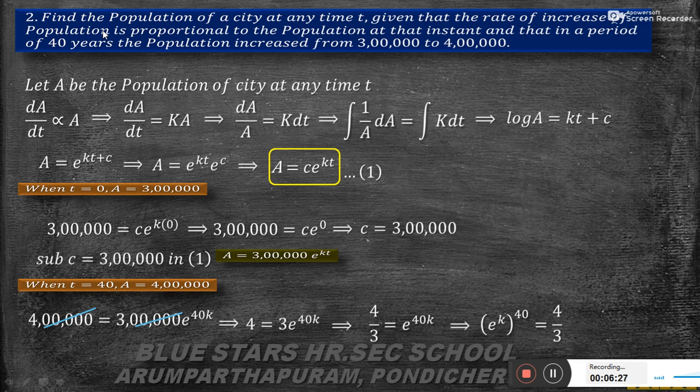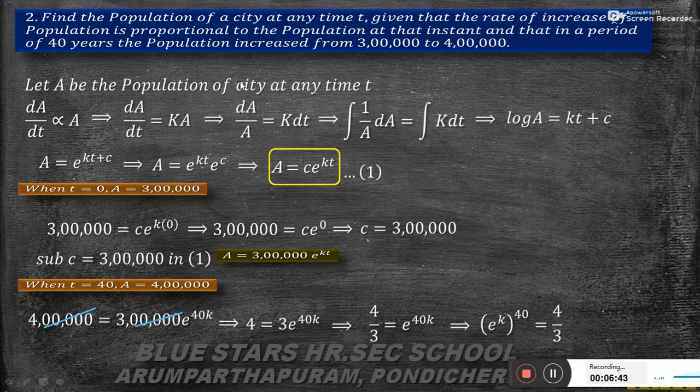That means dA by dt is proportional to the population at that instant.